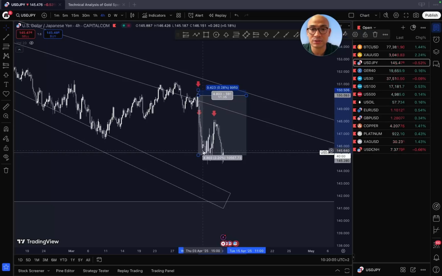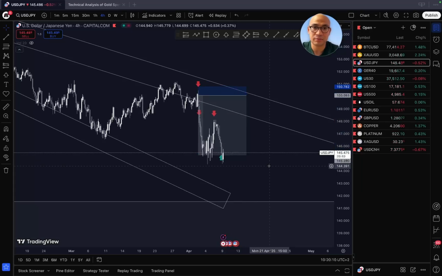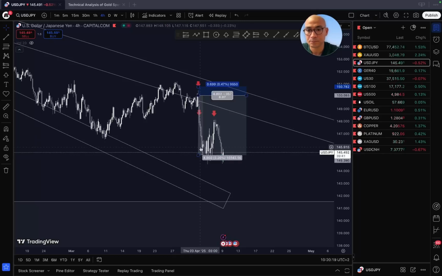Price came down, I was up by a lot. I think I was up by about 400 US, which is 4% of my account, which is a lot. I don't try and go for crazy percentages, just the basics, just a tiny, tiny one, right? Price came down here, reversed.